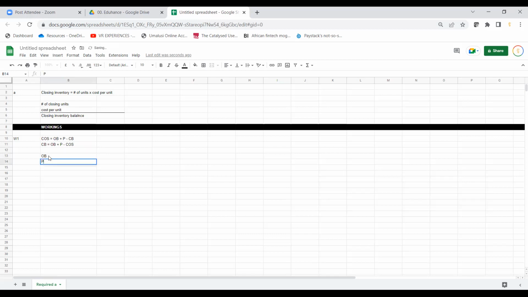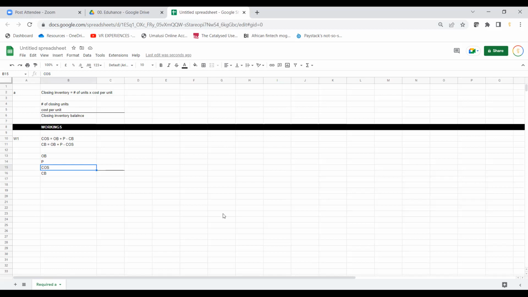So opening balance, production, cost of sales, and that will give us closing balance. So I know that is how I would calculate it. Now we go look if any of these numbers are provided. So opening balance, opening inventory, production or purchases, and then cost of sales, basically the items you have sold.